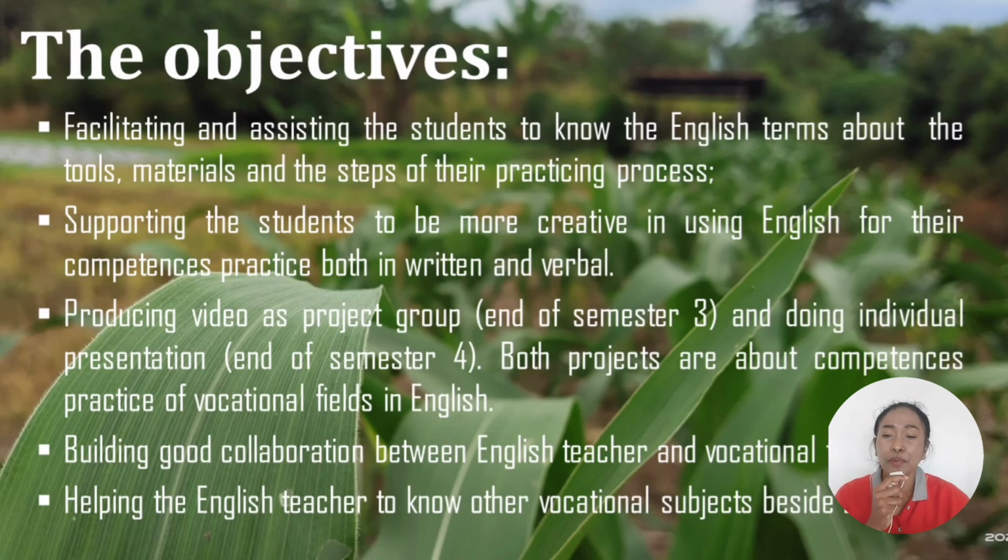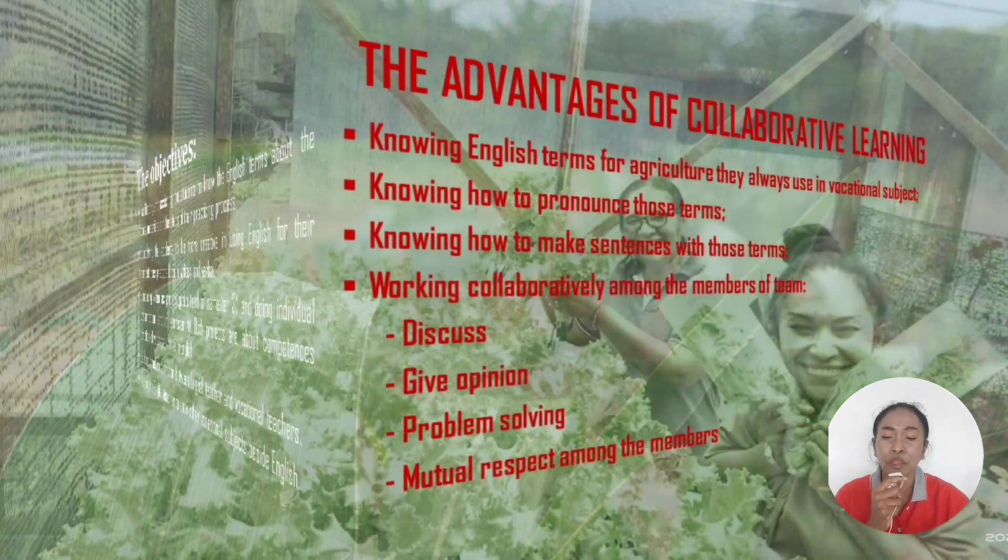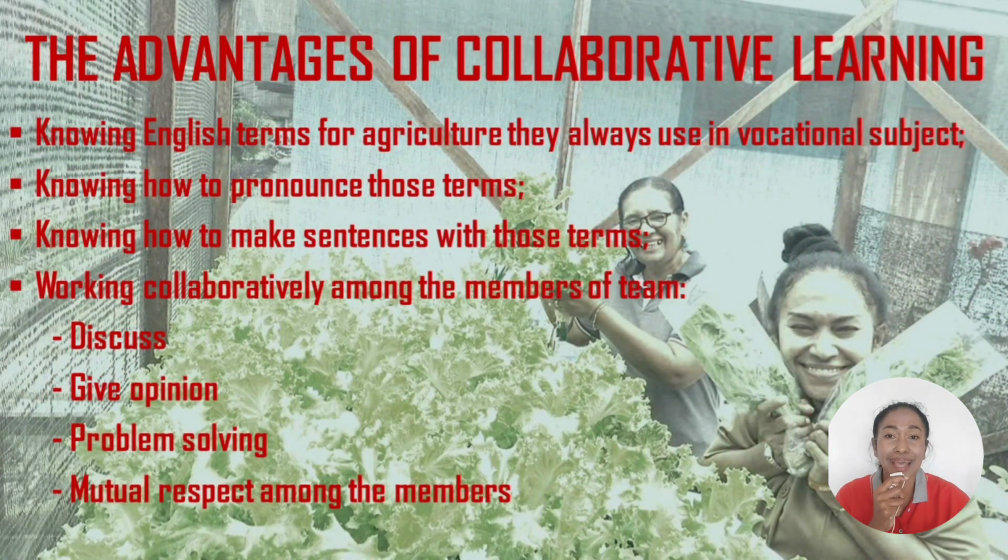Another objective is producing a video as a group project at the end of semester 3 and doing an individual presentation at the end of semester 4. And both projects are about competencies practice of vocational fields, and they are done in English. Another objective is building good collaboration between English teacher and vocational teachers. It also helps the English teacher to know other vocational subjects besides English.